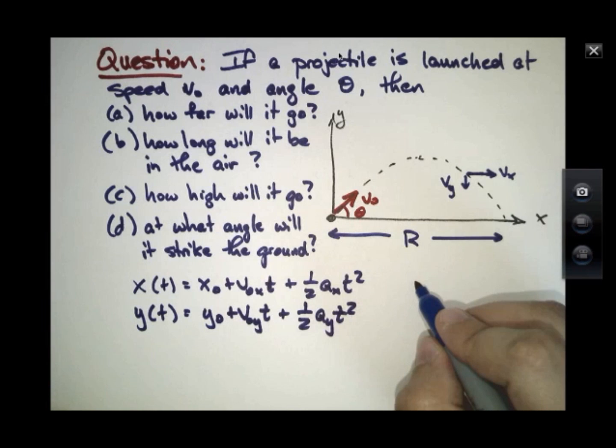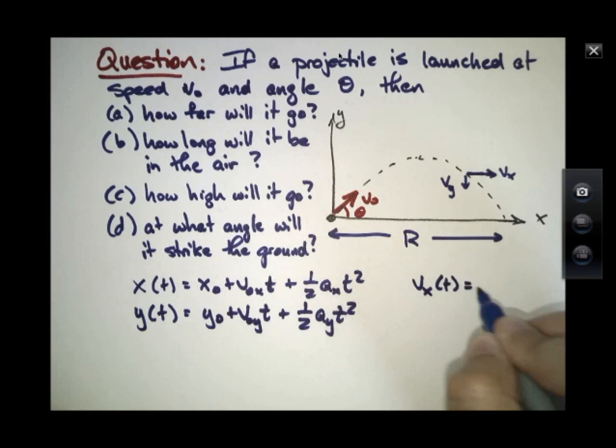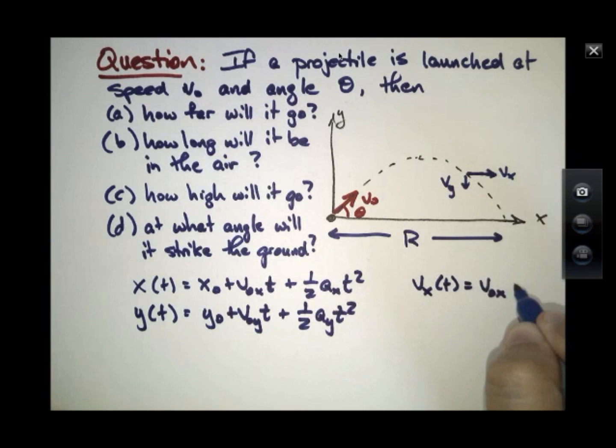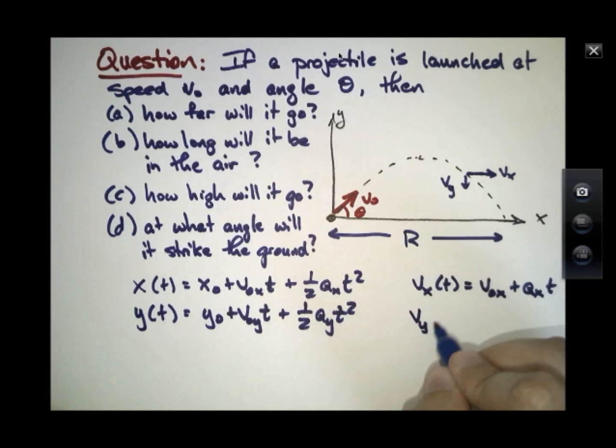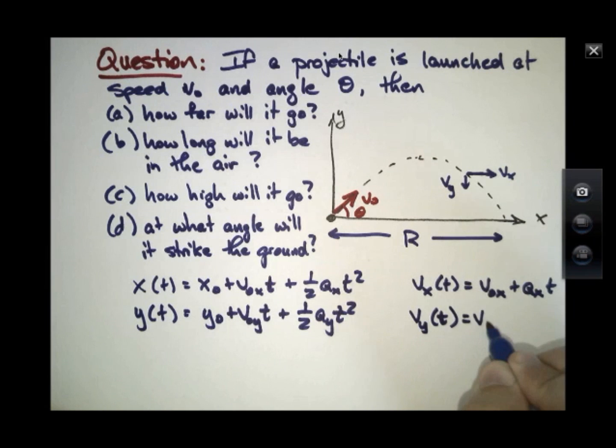And likewise, v in the x direction as a function of time is v naught x plus a_x t, and v_y, the y component of velocity, is v naught y plus a_y times time.